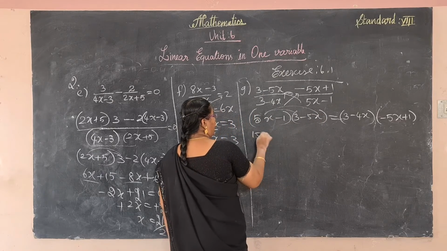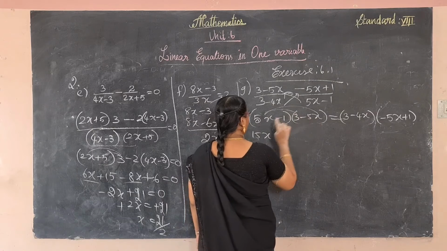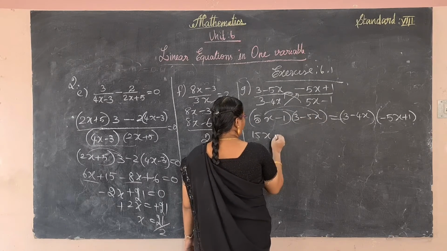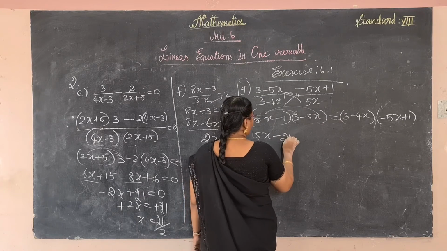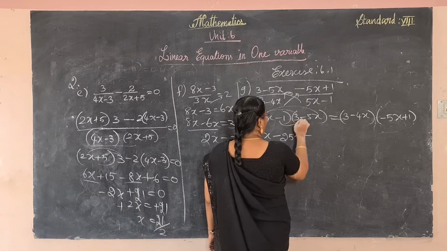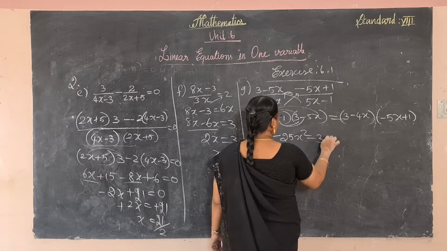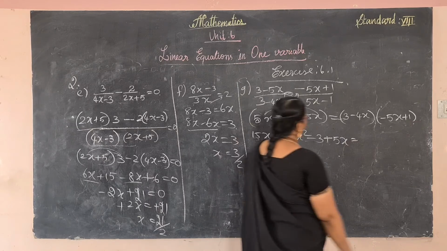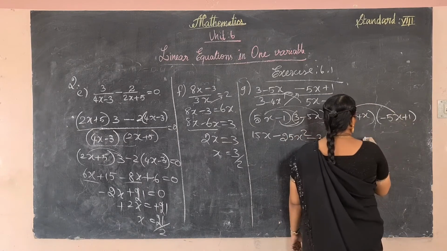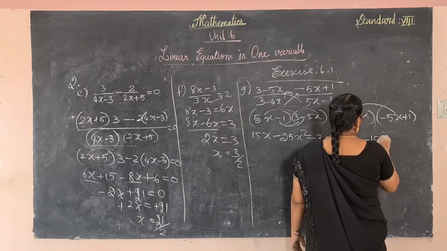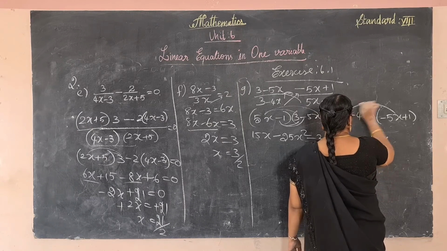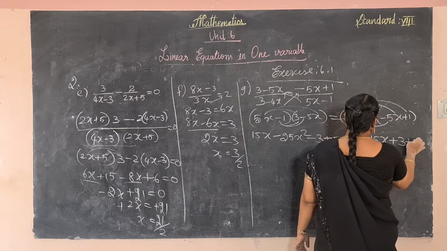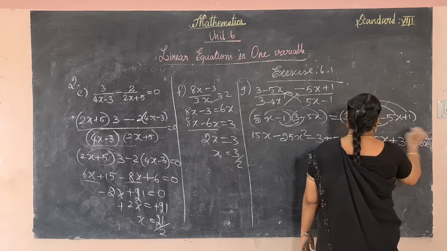So 15x, and then 5 5s are 25 minus 25x square, minus 3 minus into minus plus 5x is equal to minus 15x, plus 3 minus into minus plus 20x square.